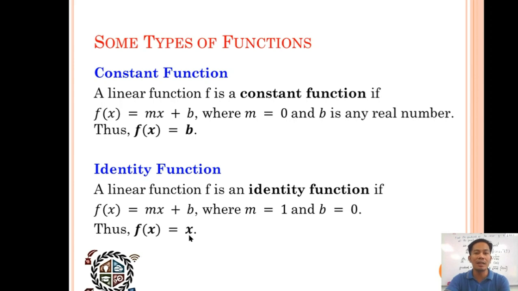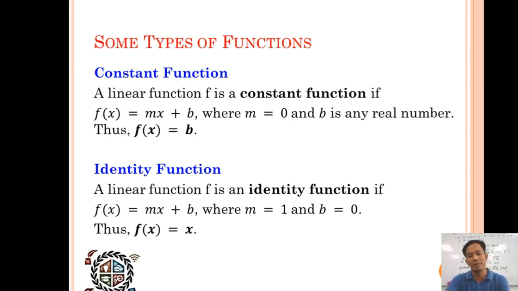Okay? So that is an identity function. It's very important to take note that when we say identity function, whatever you put there will still be the value, okay, of the function. Okay, kung ano yung ilalagay ko dito sa loob ng parenthesis. Halimbawa, f of x plus 1 to is equal to x plus 1. Identity function po yun.